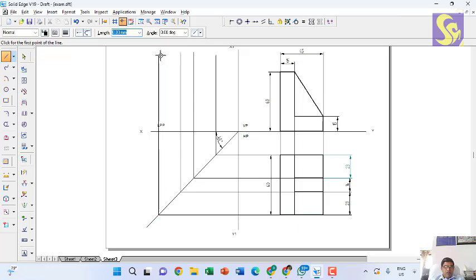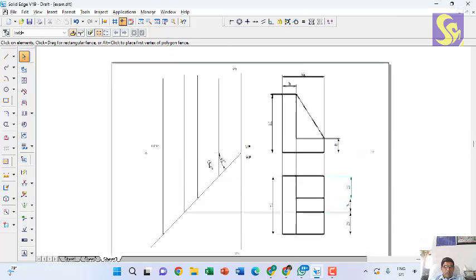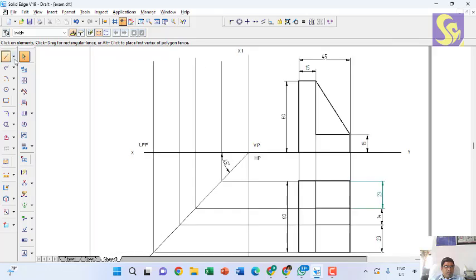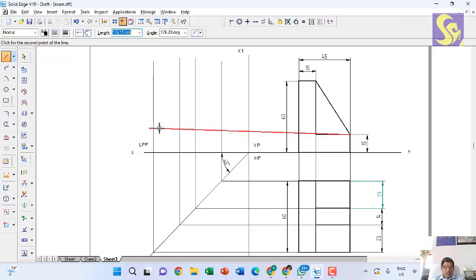Move up. And afterwards draw horizontal projectors from the front view points. Draw horizontal projectors.